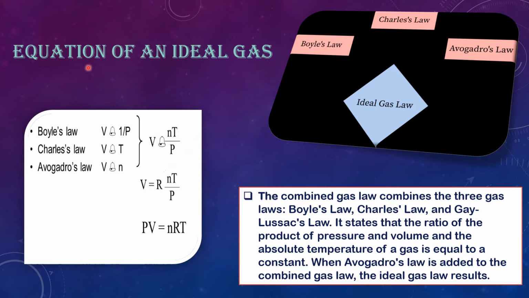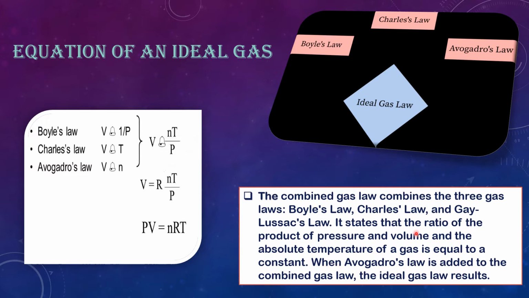First I am starting with the equation of an ideal gas. The combined gas law combines the three gas laws: Boyle's law, Charles' law and Gay-Lussac's law. It states that the ratio of the product of pressure and volume and the absolute temperature of a gas is equal to a constant.